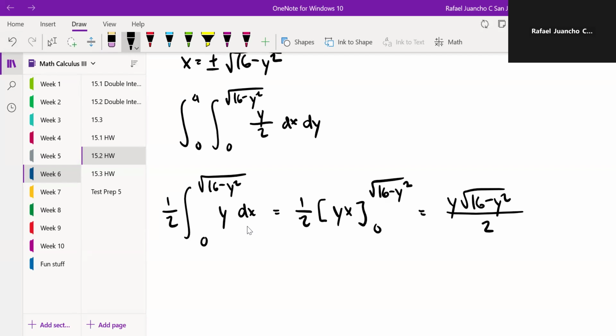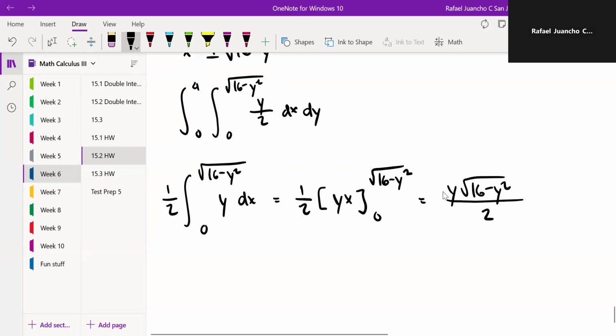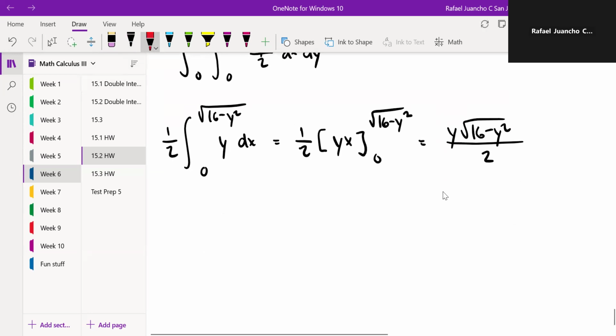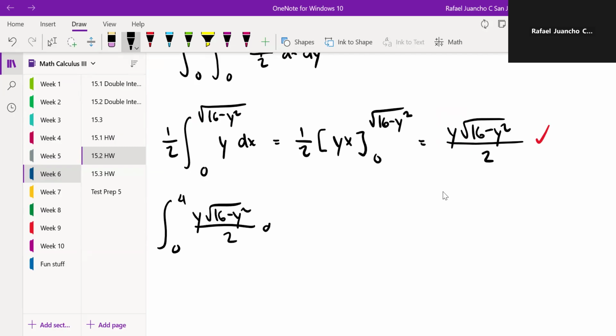Now, okay, now I integrate this in terms of y. What do I notice?